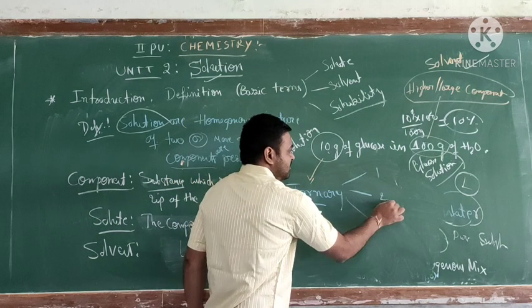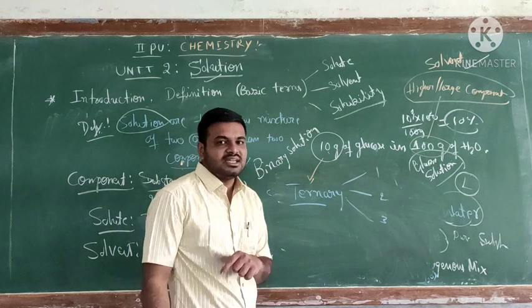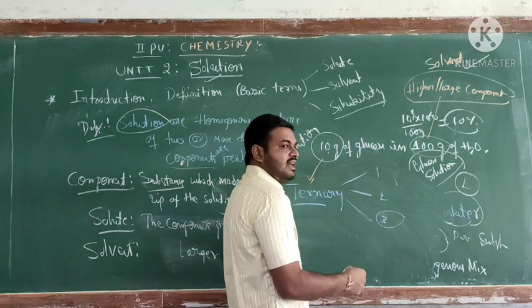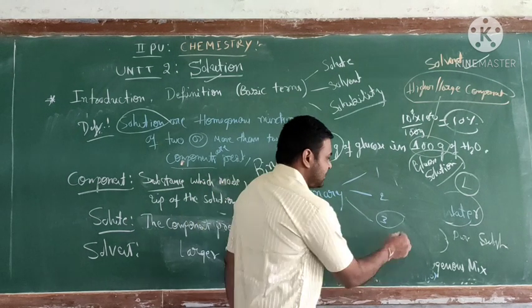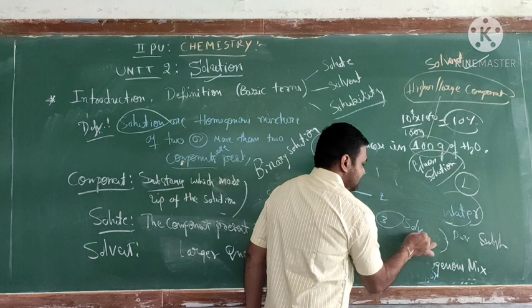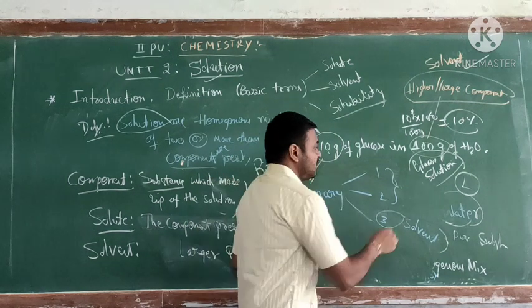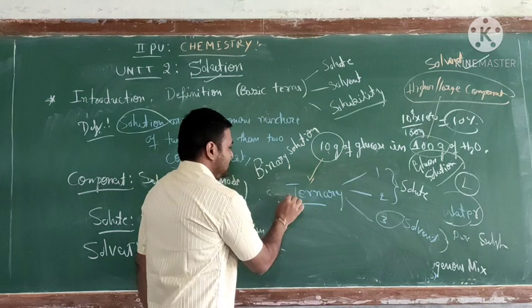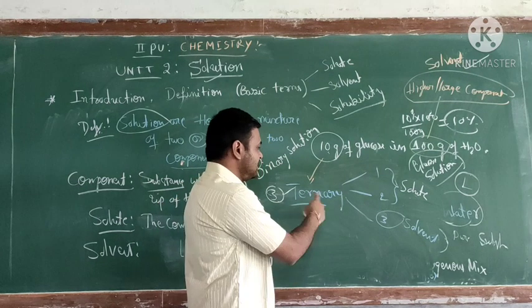Assume that among them, the one having the larger quantity is taken as the solvent. The remaining two are solutes. Clear? This is called what? Ternary.